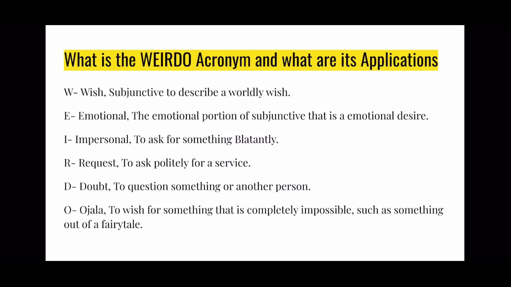So it's something you want that is in some way related to emotion, like I want to be happy, like I want to do something fun. And then I is impersonal, which is to ask for something blatantly. So it's just like, do this, do that. It's more commanding, not really asking politely.